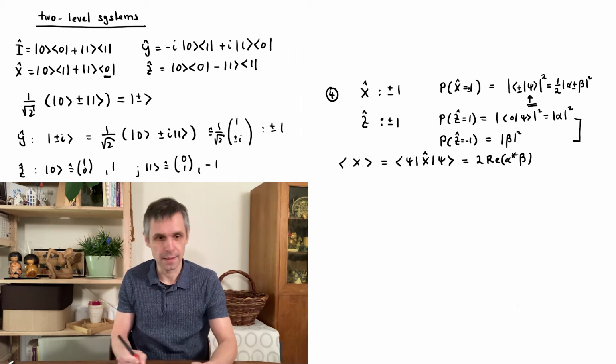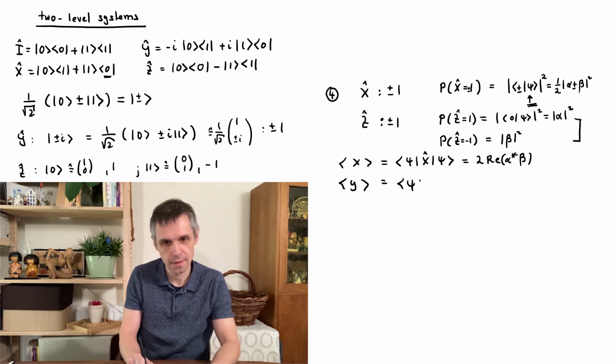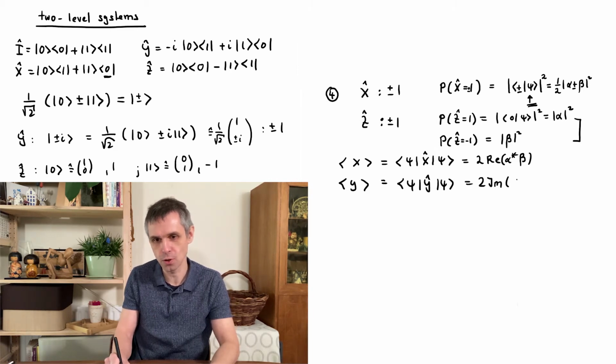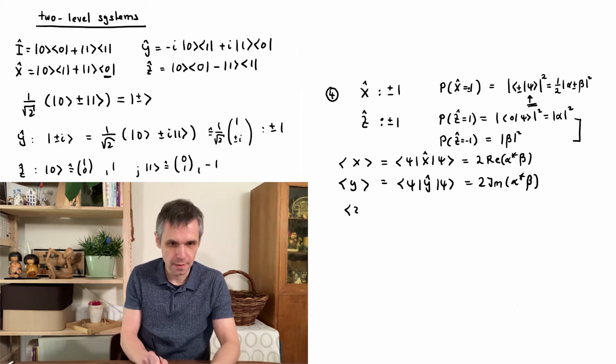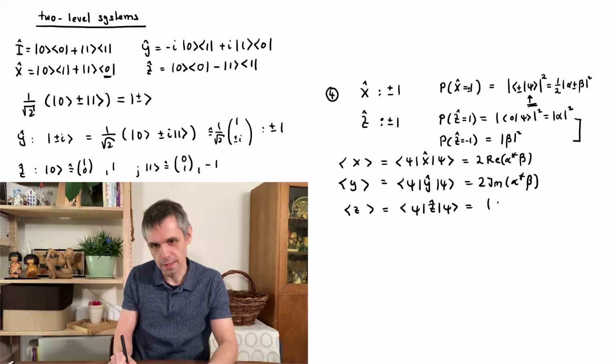And again you can get similar expressions for the other observables, such as for y. This turns out to be 2 times the imaginary part of this combination of coefficients. And for z, we have this expression here, which turns out to be alpha squared minus beta squared.